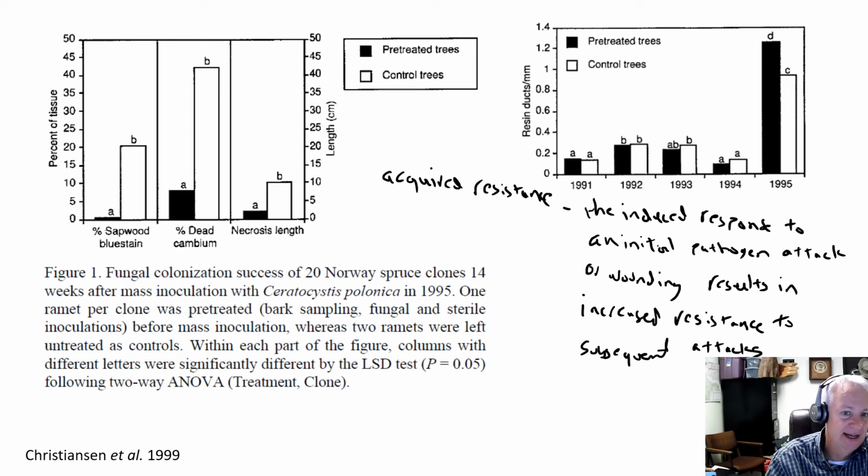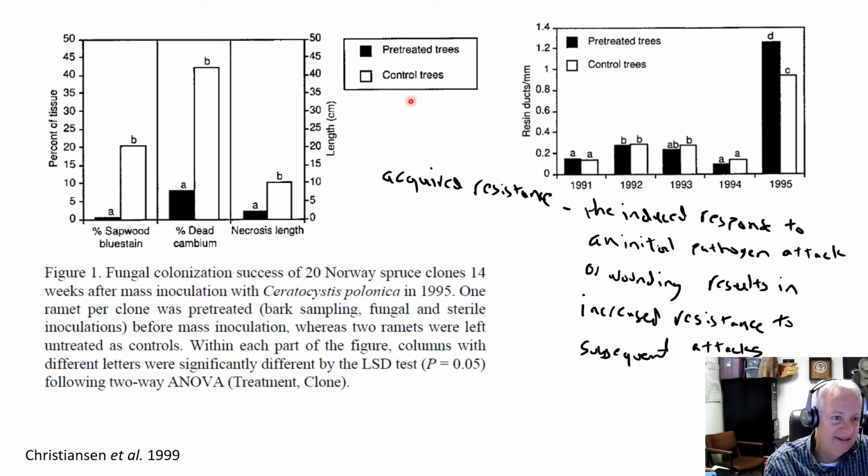These graphs are an example of acquired resistance in Norway spruce, where they had some controls, and then they had pre-treated trees that were pre-treated by wounding them and inoculating them with a fungus.